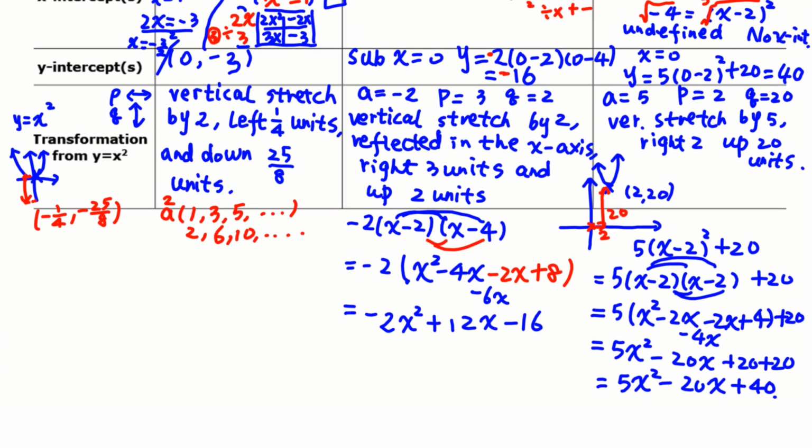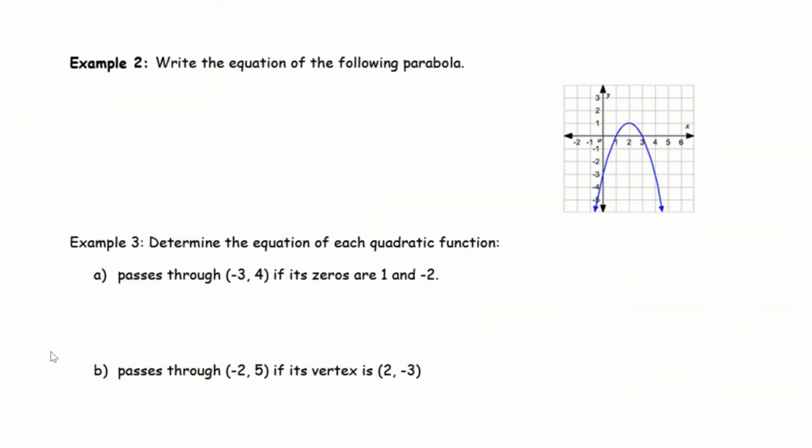Okay, so next page we are going to see how, from a given graph, to find the equation for that. So for this one, you have y-intercept (0, -3), x-intercepts 1 and 3, and the vertex is (2, 1).